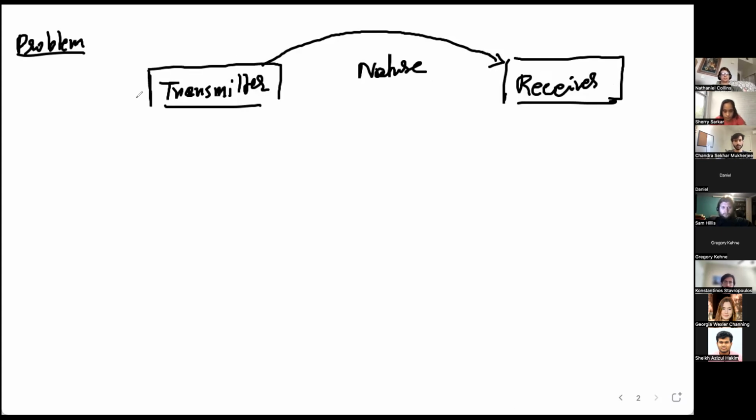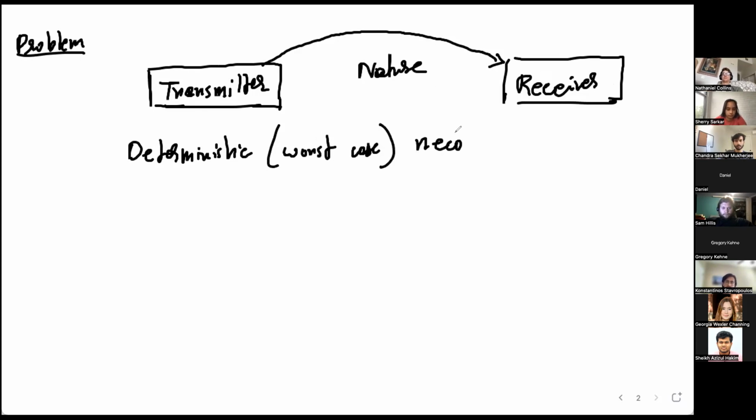This was one of the main problems that communication engineers of the 1950s were dealing with, and they looked at it as a deterministic, you can think of it as worst-case, reconstruction of signals.